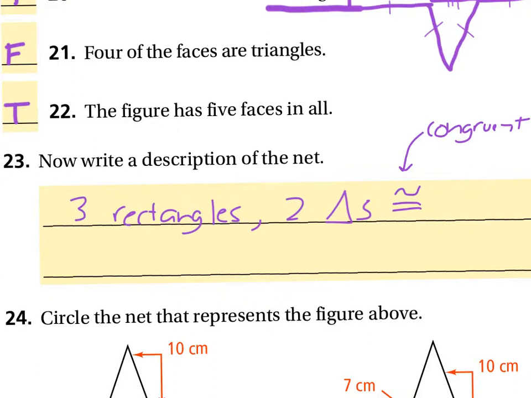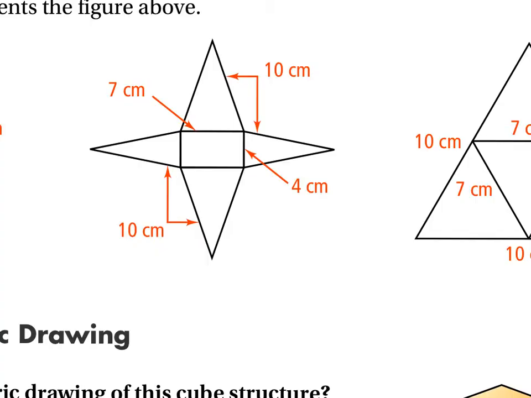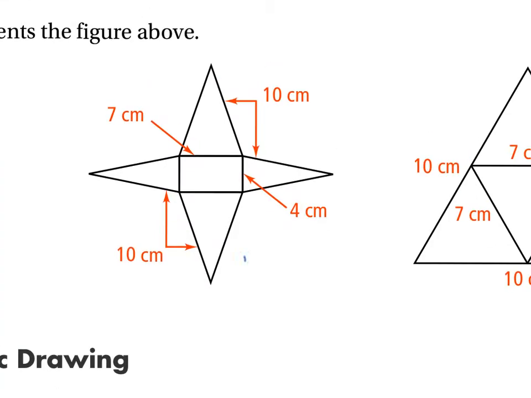And it turns out that 2 of the rectangles are congruent. If you wanted to be more descriptive. But had you just simply stopped right here and said, it's 3 rectangles and 2 triangles, that's sufficient. Good, so as we look at these puppies, this guy here is going to give me a pyramid.